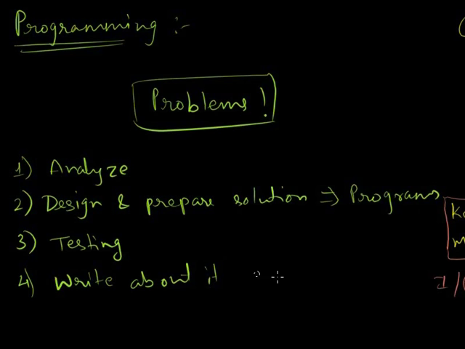You write how you wrote that program, what was your strategy, and how to use that program, all other stuff. This comes under documentation. So programming is a four-step process: analyzing, designing and preparing the solution for problems, then testing it, and writing about it.